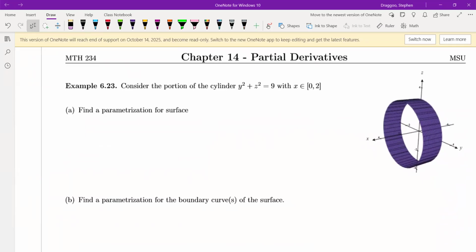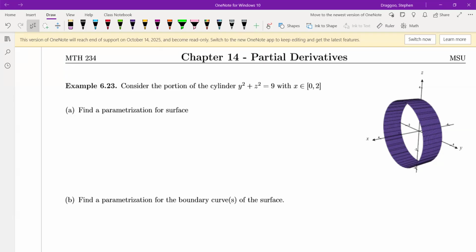We are going to parameterize the cylinder over on the right. It's got the equation x squared plus z squared equals 9. And we're also told that x is going to exist between 0 and 2. So find a parameterization for that surface. All right.